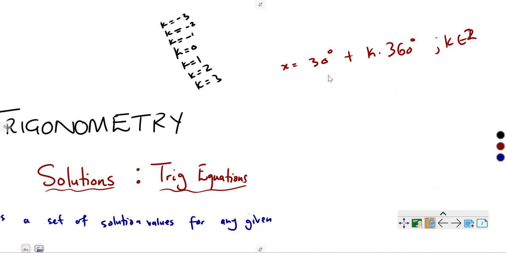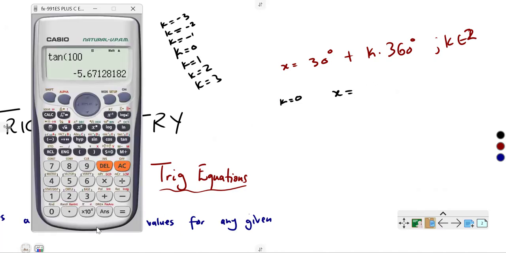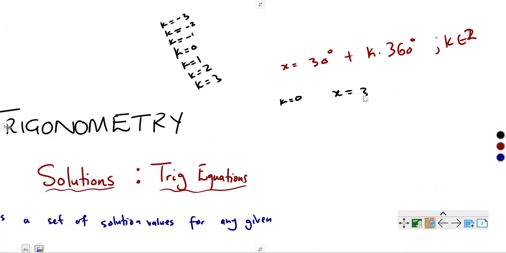If our k is equal to 0, then x is 30 plus (0) times 360 degrees, which gives us 30 degrees.